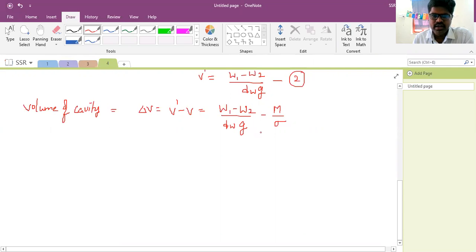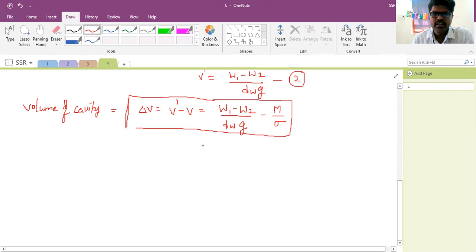These things we already know. From this you can find the volume of the cavity inside the metal. This equation you can use. Are you clear on this? Third application. Yes or no?